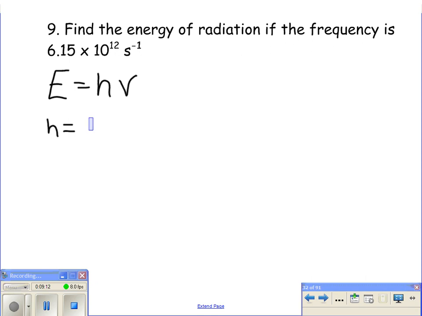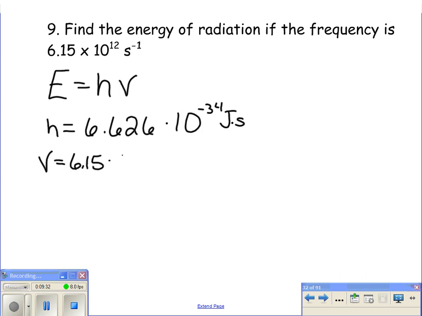Planck's constant is 6.626 times 10 to the negative 34 joule seconds. Then our frequency is 6.15 times 10 to the 12th waves per second. So we multiply these two numbers together.